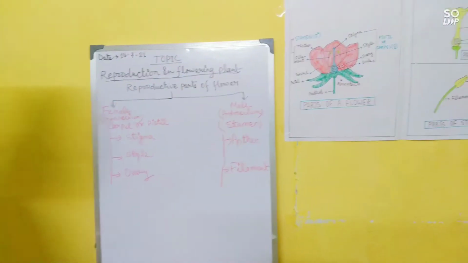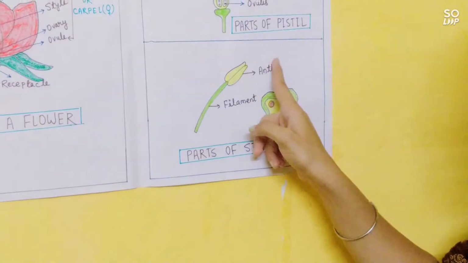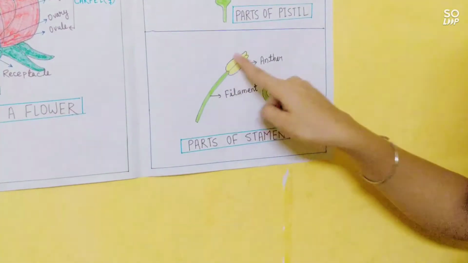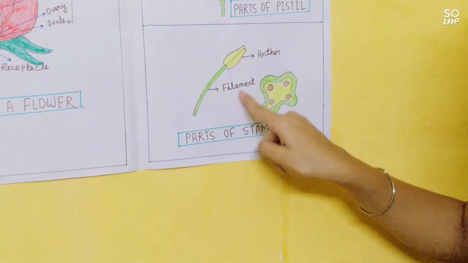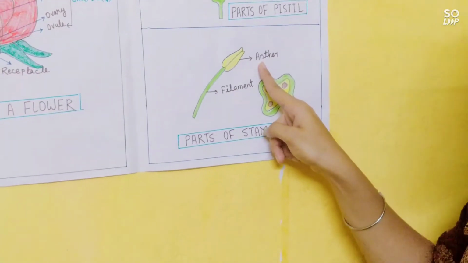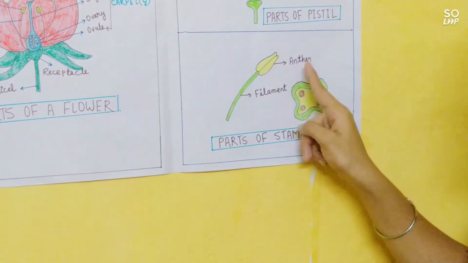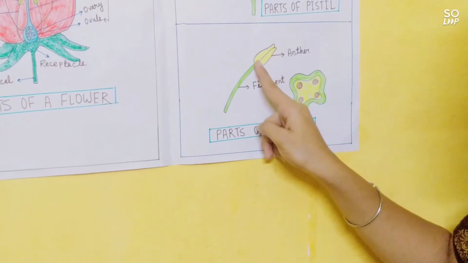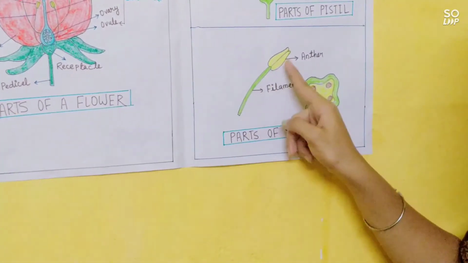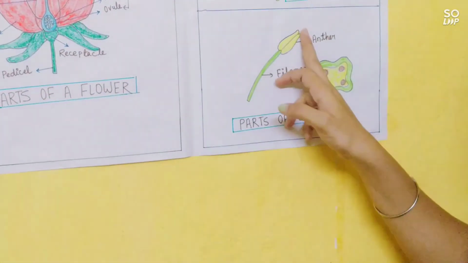Come to the chart. This is the parts of stamen. So this portion is anther and this portion is filament. Anther possesses the male gamete, that is pollen grain. So pollen grains are present inside the anther, and the filament is a filamentous structure that bears the anther.